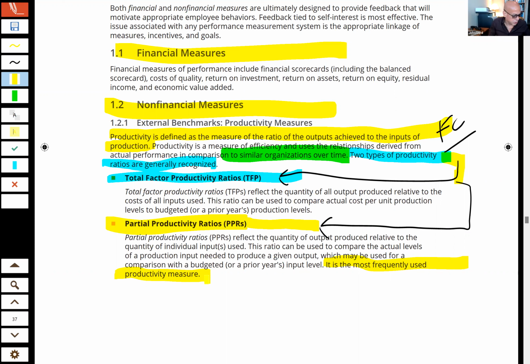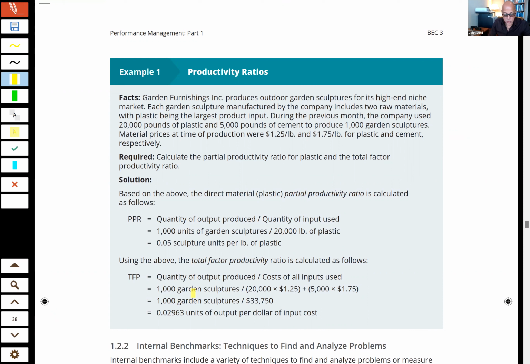And we have this garden furnishing company that produces outdoor garden sculptures, oh boy, for a high-end niche market. Okay, each garden sculpture manufactured by the company includes two raw materials, plastic being the largest. Since that's the largest, when we use our partial, we would use that one. And then the other one is cement.